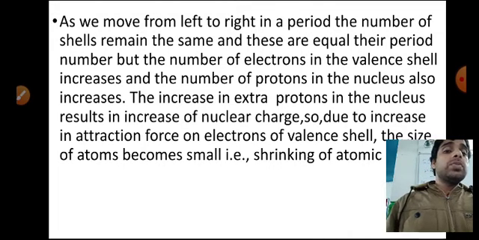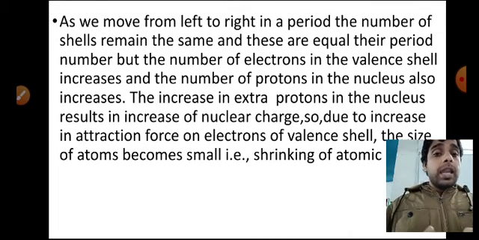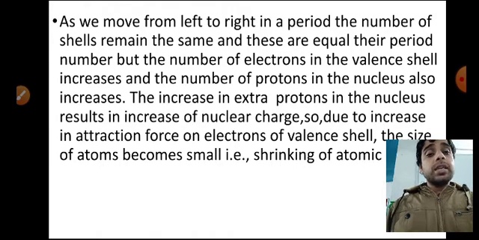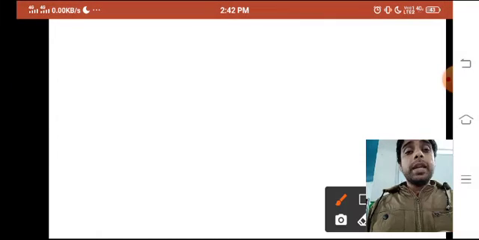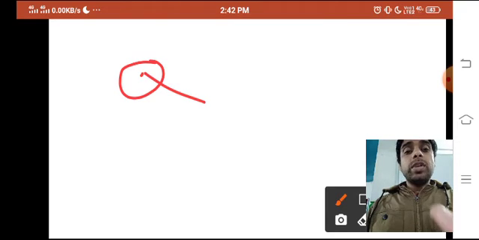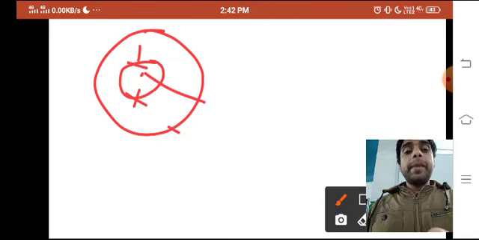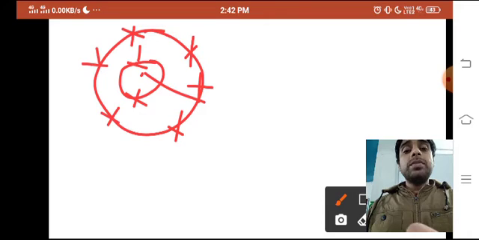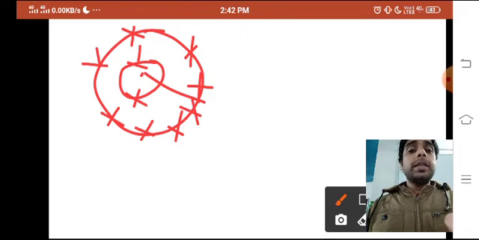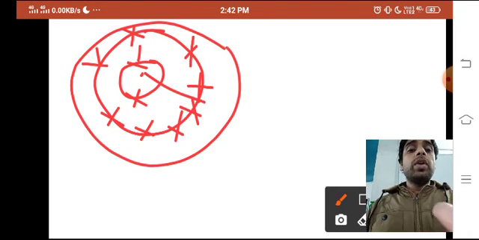As you know, dear students, if I have to draw this, here this is the nucleus, this is 2, 8, 1, 2, 3, 4, 5, 6, 7, 8, and then 1.